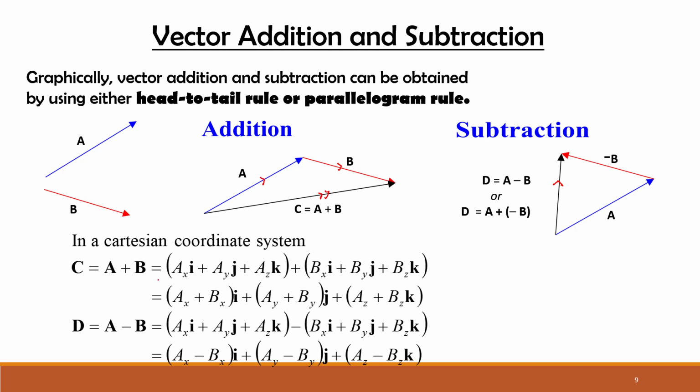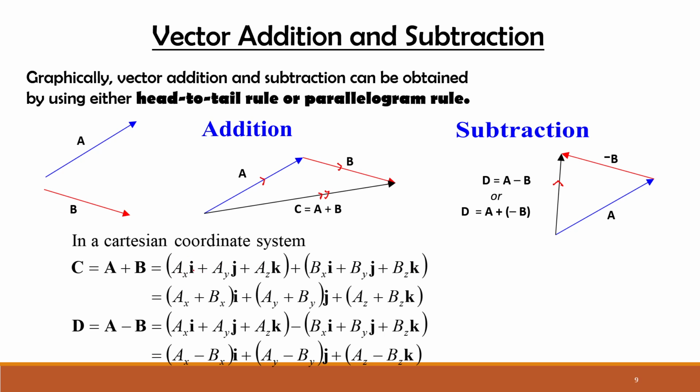If you want to do it arithmetically, A plus B or A minus B is very easy. Let's say A is represented by AXi plus AYj plus AZk, and vector B is represented by BXi plus BYj plus BZk. If you want to do A plus B, you just add up component by component.